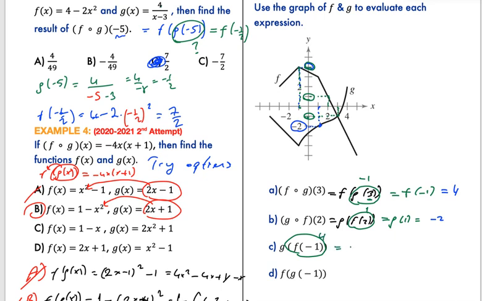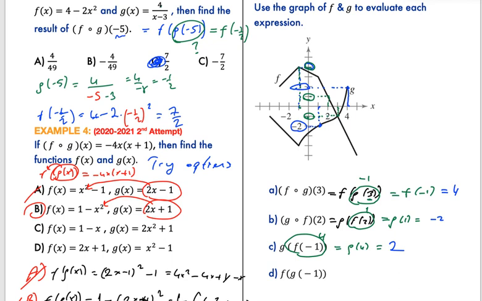So my new function is g of 4. What is g of 4? So let's find 4 on the x-axis. Here I am. Go to function g. G is above the x-axis. Go up until I hit the graph. When I hit the graph, go across to find the corresponding y value, which is 2.